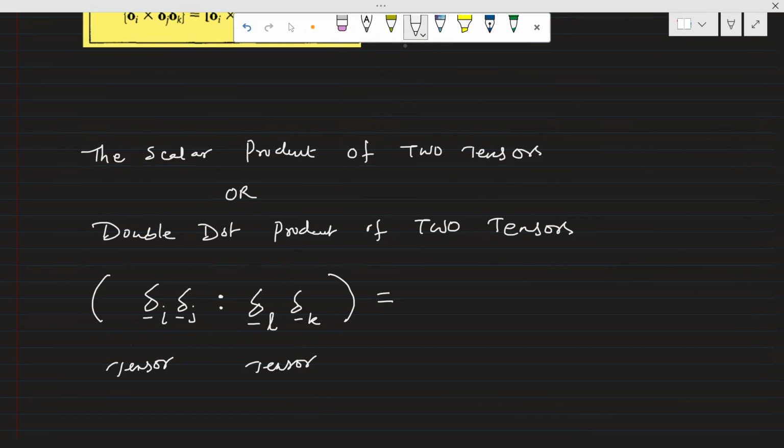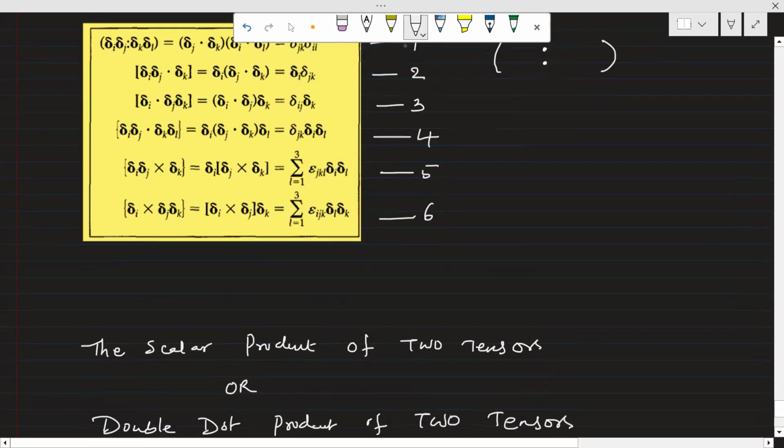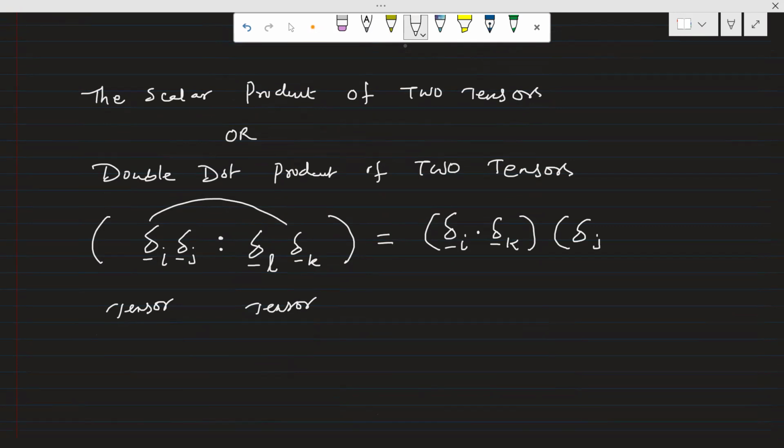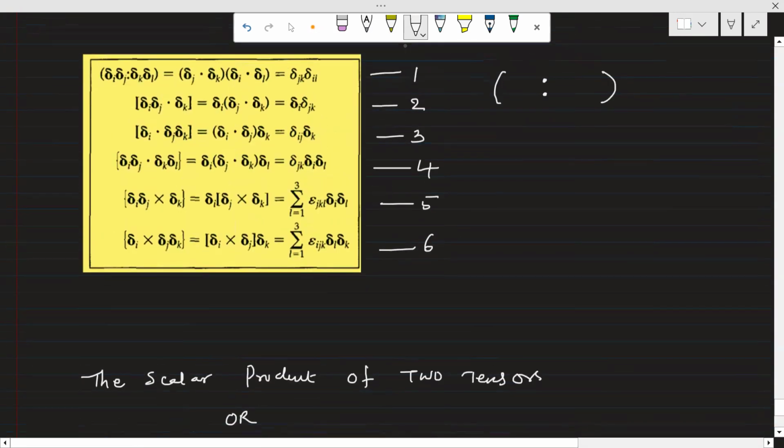Very simple. i and k are combined like this. Del i dot del k, and the other one is simply del j dot del l. Let us see the difference.